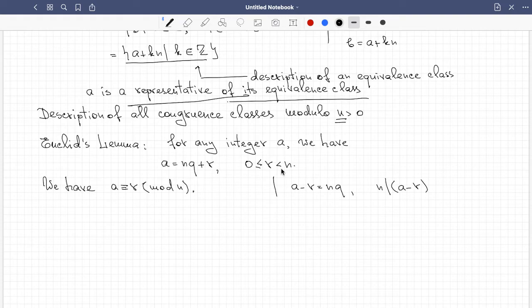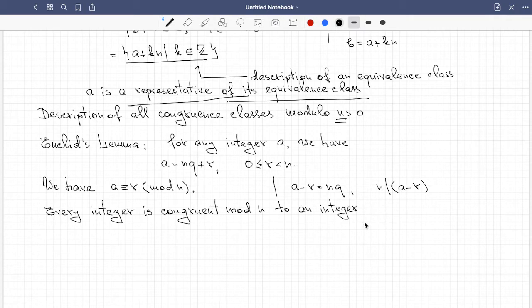So we can state it as: every integer is congruent mod n to an integer in the interval from 0 to n minus 1.